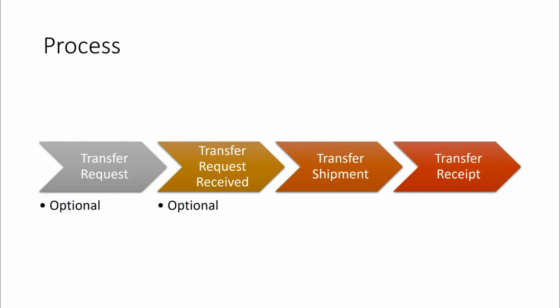So this is the general process in the transfer process. Actually, the transfer request step is just optional, because you may not need to raise the request. You can directly do the transfer shipment and transfer receipt. So the request is just optional in the system.